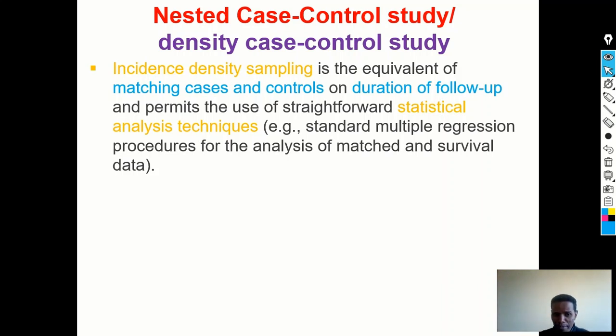This permits the use of straightforward statistical analysis. If we match cases and controls on duration of follow-up, we can straightforwardly do regression methods without complication, maybe standard multiple regression procedures for the analysis of matched or survival data. So risk set sampling, or incidence density sampling, is the best sampling method for nested case control study.